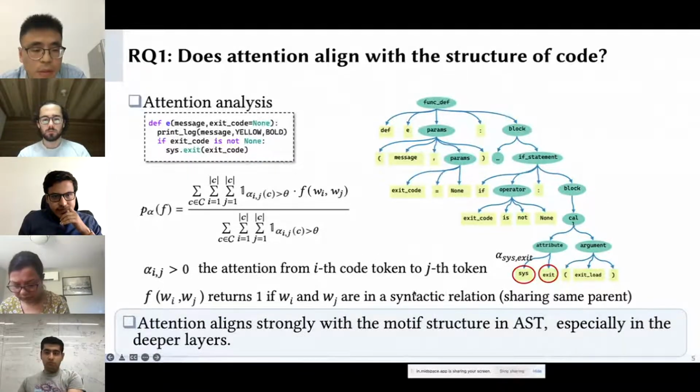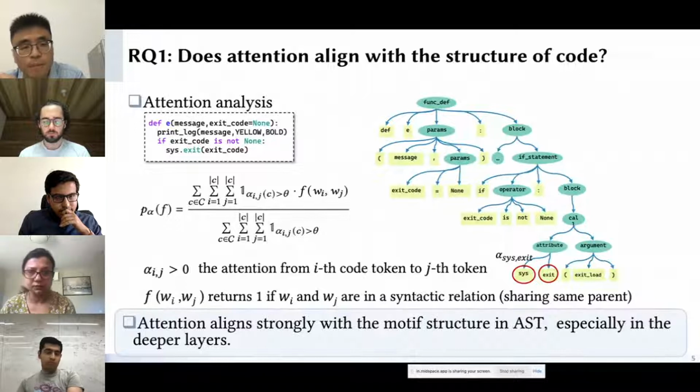In this equation, f(wi, wj) returns 1 if wi and wj are in a syntax relation. So we can use this equation to measure the relationship between the attention and the structure of code.